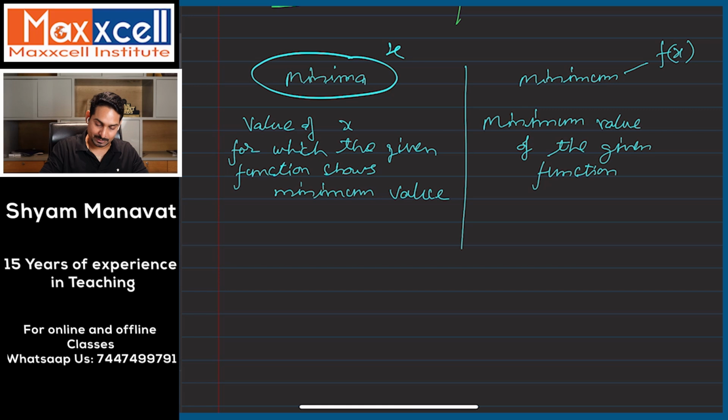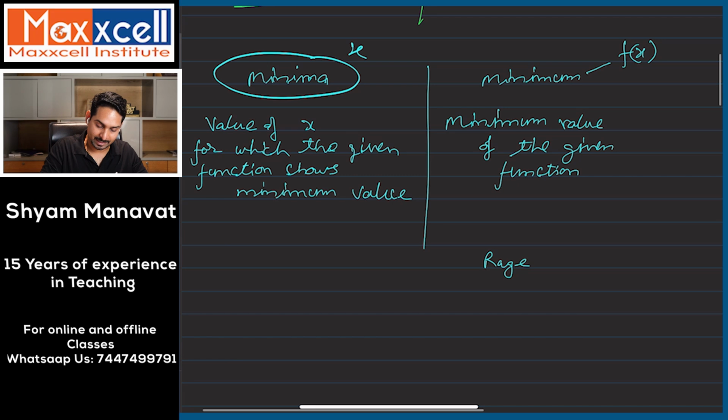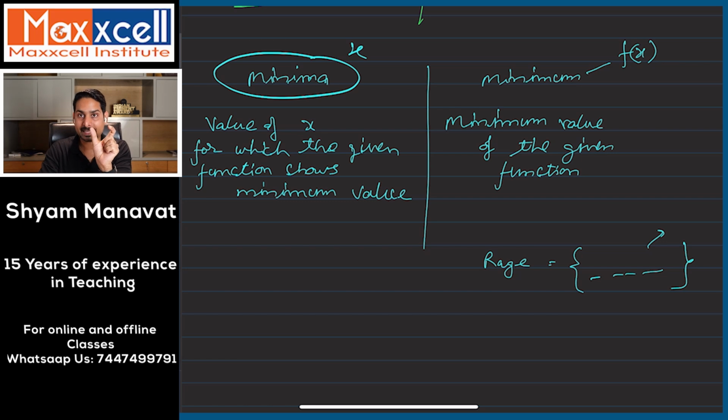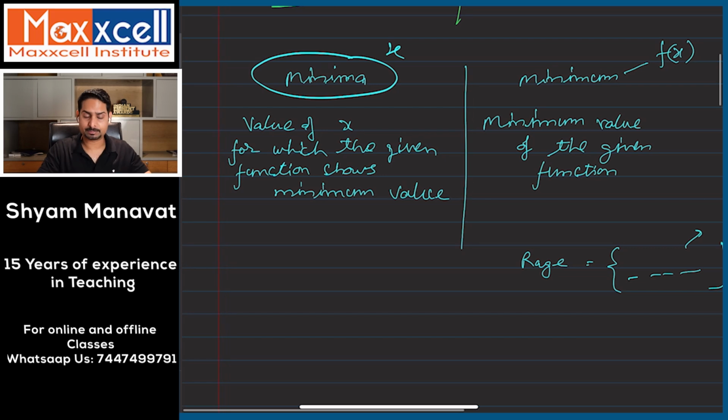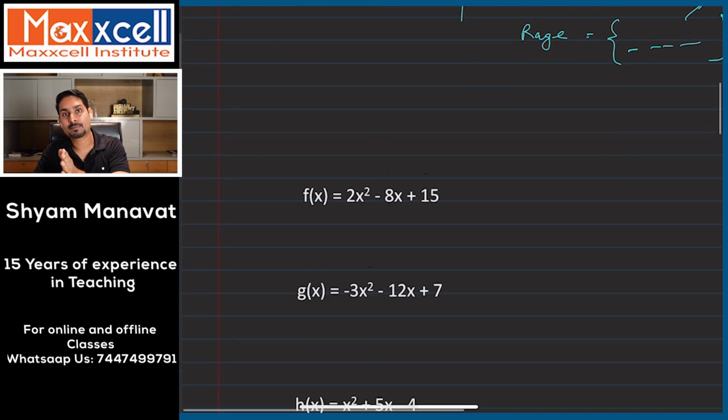In other words, whatever range the function can have, from that set of range, whichever is the maximum value of that range, that is called maximum, and whichever is the minimum value, that is called minimum. This concept should be very clear to all of you. Minima and maxima is part of domain. It's the value of x, and maximum or minimum is the value of function.